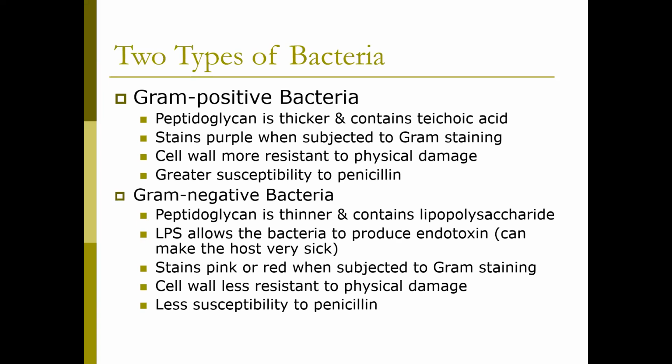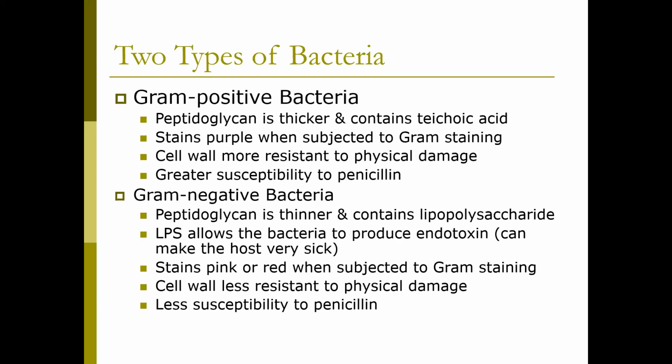Now they stain different colors because of the different structures of their peptidoglycan. So they're different cell walls. Gram-positive bacteria have a thicker layer of peptidoglycan, and their peptidoglycan contains teichoic acid.